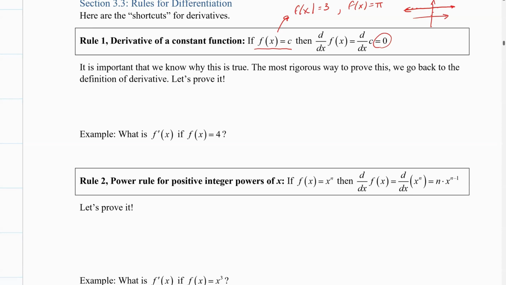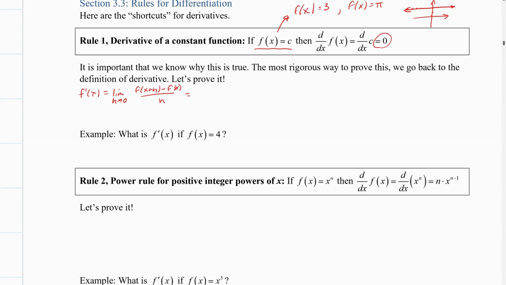But let's go back to the definition and actually prove that this is true. So the definition of the derivative is, again, f prime is equal to the limit as h approaches 0 of f of x plus h minus f of x all over h.